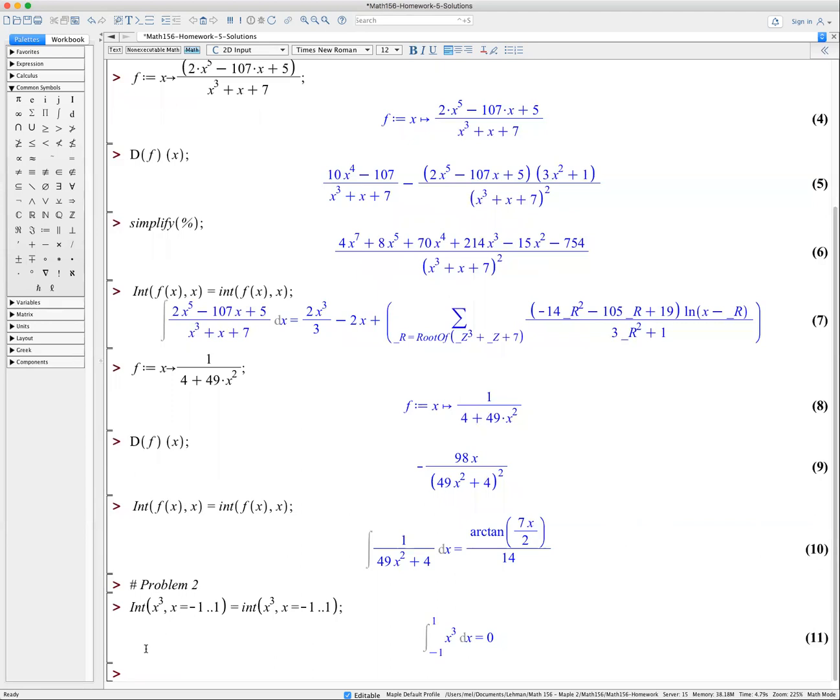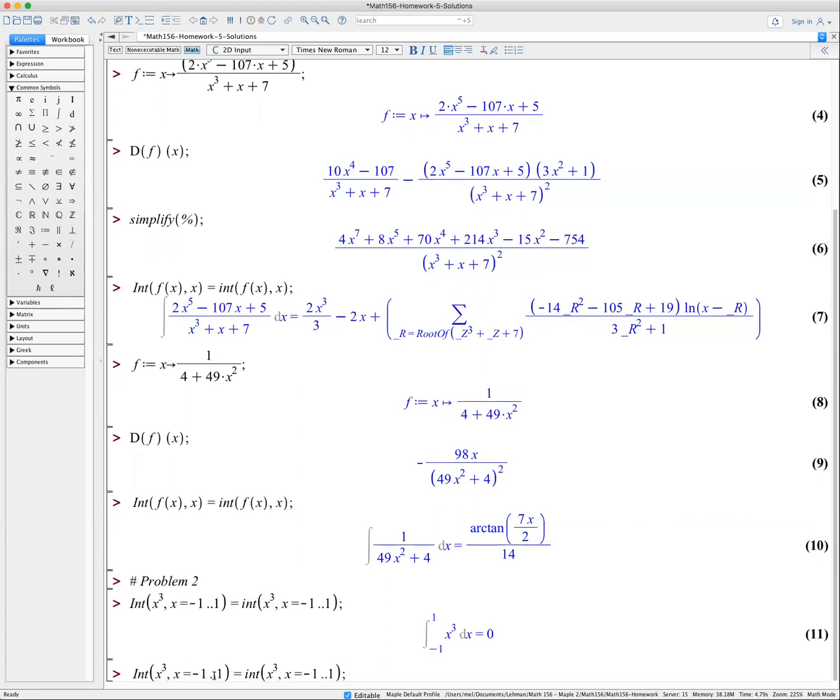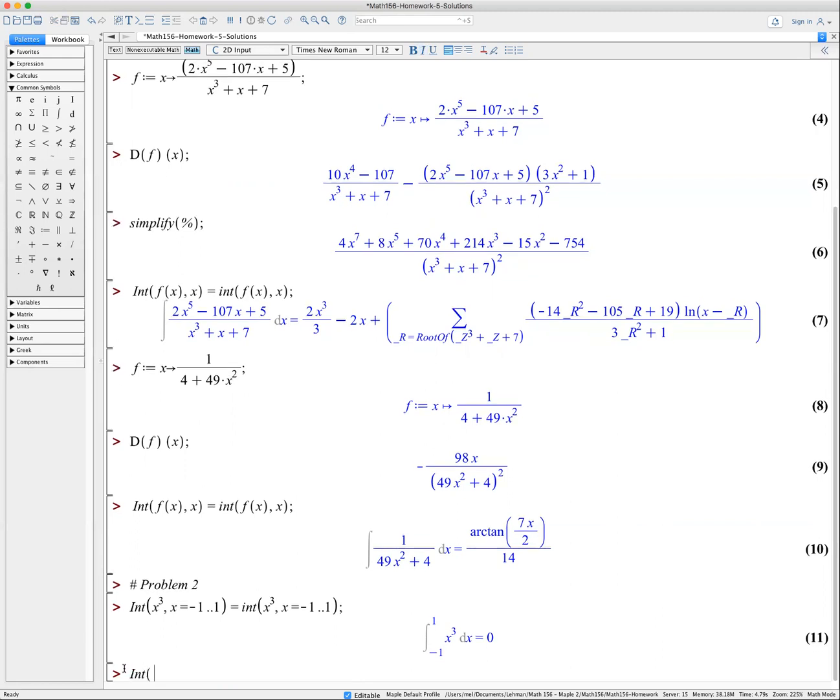In part B, we have the integral of what function? Just write this from scratch. The integral of the log of the absolute value of x.